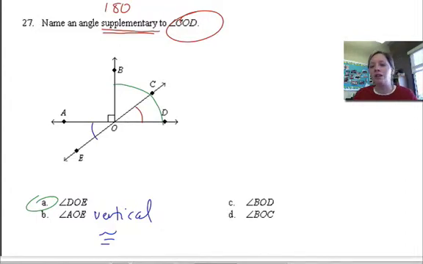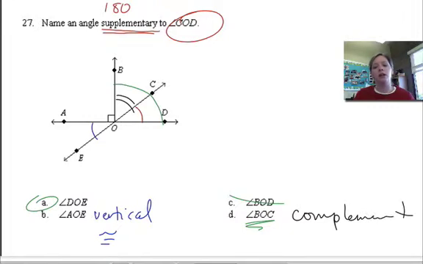BOD is 90, COD is not 90, so they clearly don't add up to 180. And then the last one was BOC. So if you look at BOC, that angle is right here. They are adjacent. They do add to 90, so these two would be complementary if I had been looking for that, but I was looking for supplementary. The only correct answer is DOE.